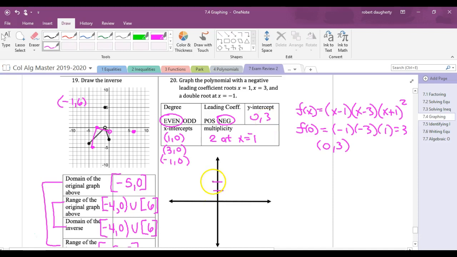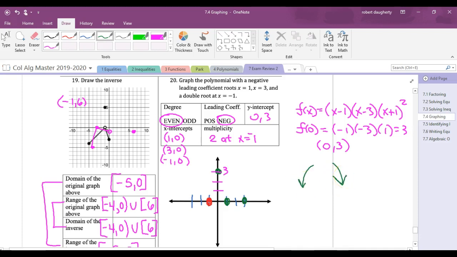So 1, 2, 3. So there's my y-intercept. X-intercepts. I know I'm going to have them at 1, 3 and -1. I know at -1, I do not cross, but I do cross at 1 and 3. If this is an even degree with a negative coefficient, I know the end behavior has to look like this.